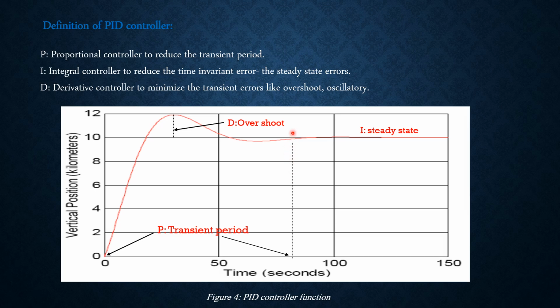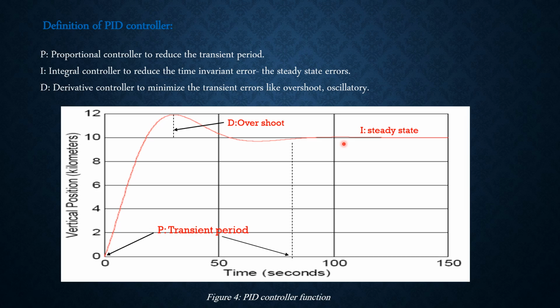The time from when the system starts until it gets to the steady state, we call the transient period. The PID controller's function is to shorten this transient period and make it near zero to enhance the system's function.